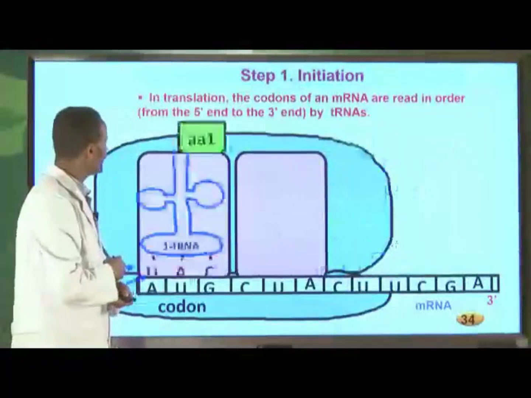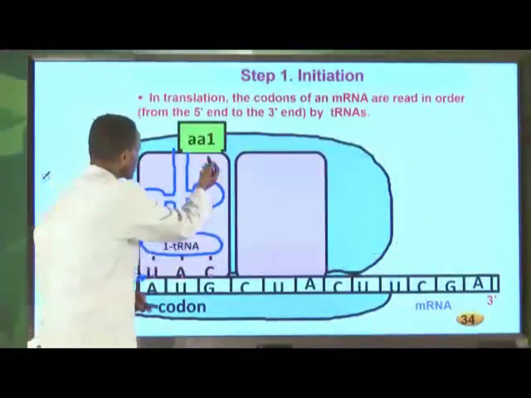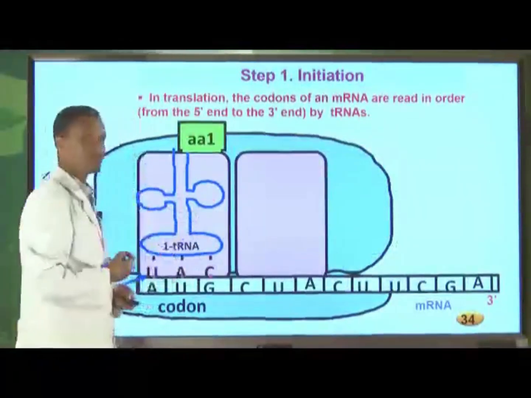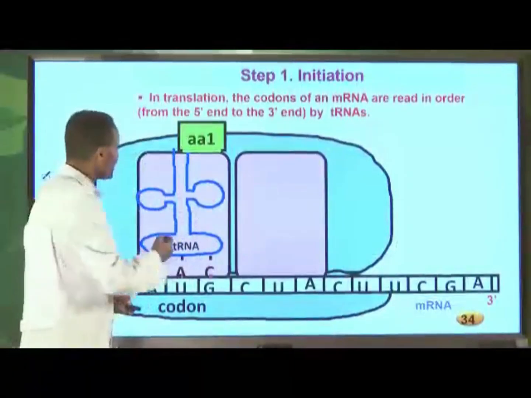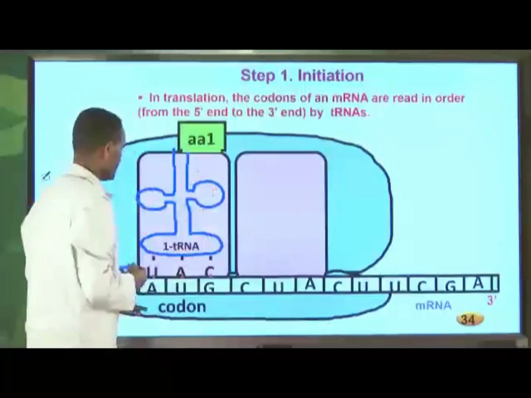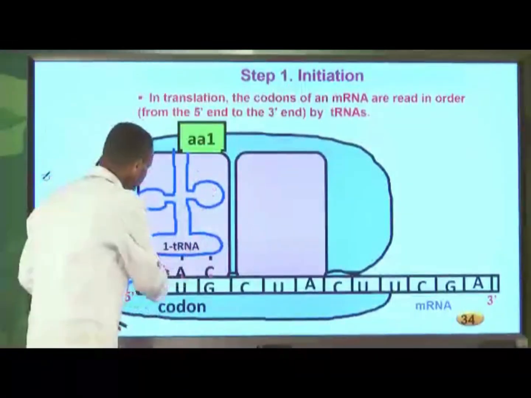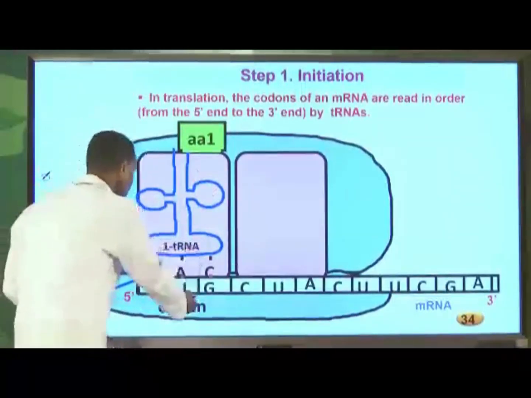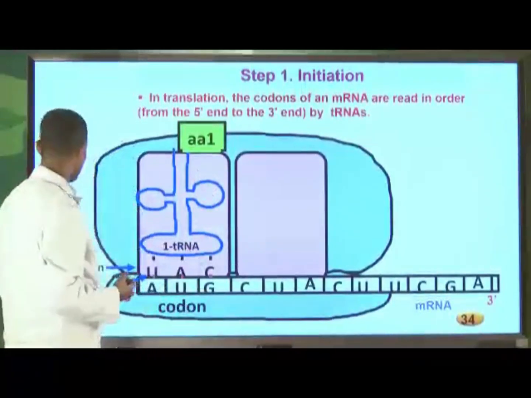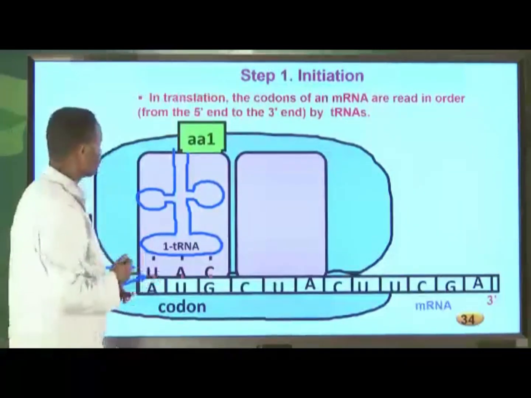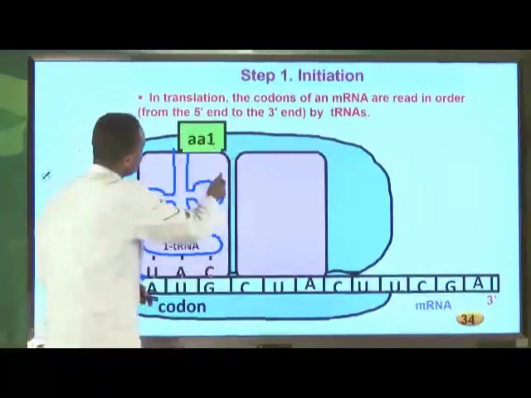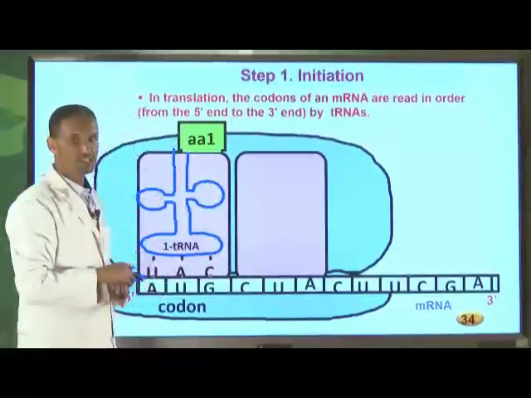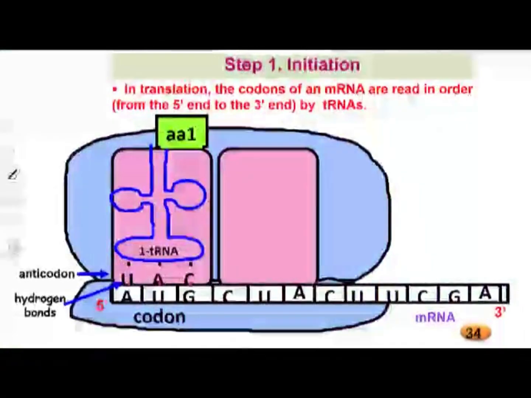Then the transfer RNA brings the first amino acid and, through its anticodon, becomes attached to the codon on messenger RNA by hydrogen bonds, and this way the first amino acid enters the ribosome.